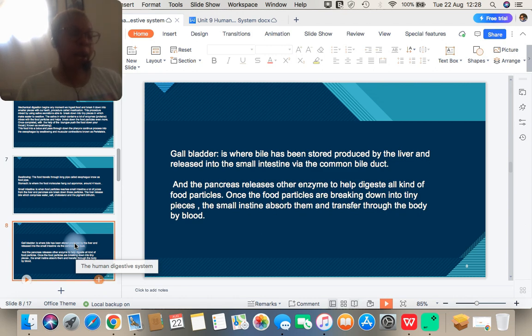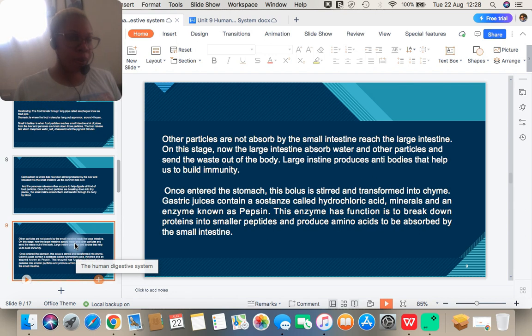The gallbladder is where bile, produced by the liver, is stored and then released into the small intestine via the common bile duct. The pancreas releases other enzymes to help digest all kinds of food particles. Once the food particles are broken down into tiny pieces, the small intestine absorbs them and transfers them through the body by the blood.